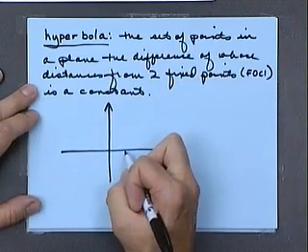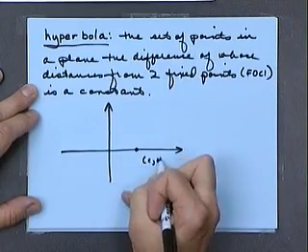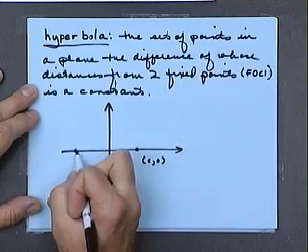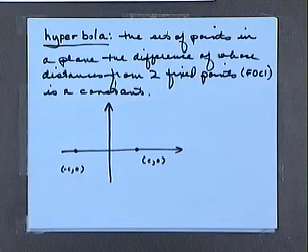So let's say that our 2 fixed points are out here at c0 and negative c0. We want a set of points such that the difference of the distances from 2 fixed points is a constant.